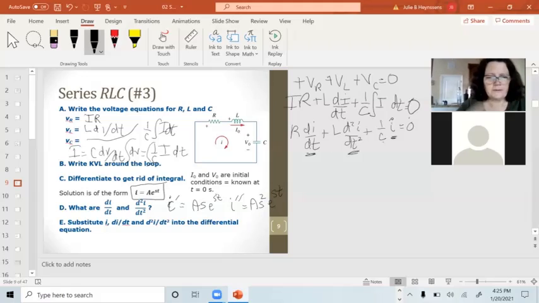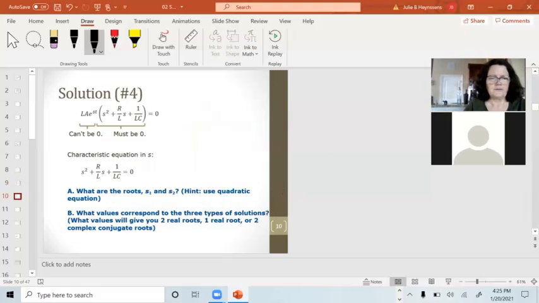I'm going to get an equation that looks like this. And I can factor out A e to the st and the inductance from that equation and end up with this thing here in parentheses. Now, L can't be 0. If the inductor is 0, it's not an RLC circuit.